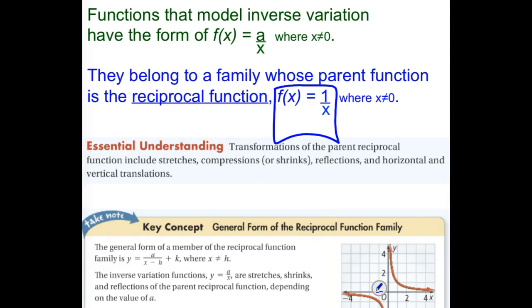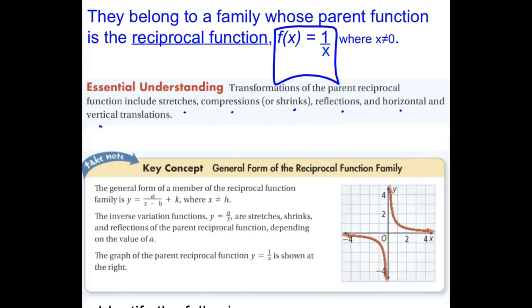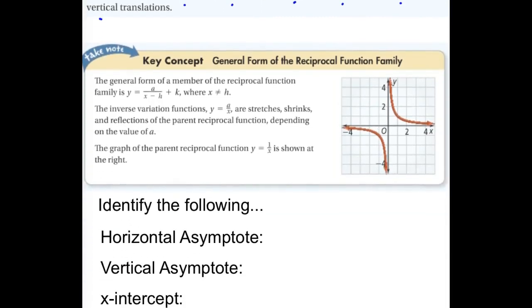We can transform it. We can do stretches, compressions, shrinks, reflections, horizontal and vertical translations. We're going to look at all of those different translations today, or transformations. It fits our same basic pattern. We've looked at all different kinds of functions this year, but we've translated them all the same way.